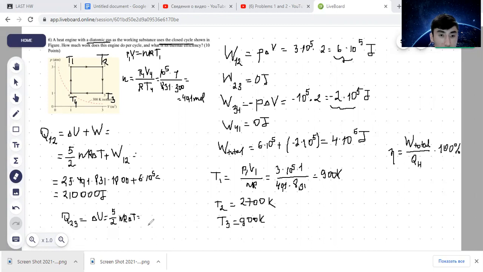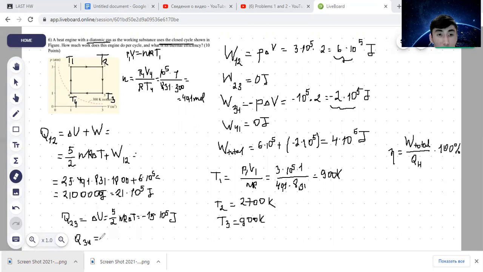So the result of calculation for 2, 3 is minus 15 times 10 to the power of 5 joule. So here it will be also 2,100,000. I was wrong in this number. So let's write it also in power, joule. So here it will be minus 15.